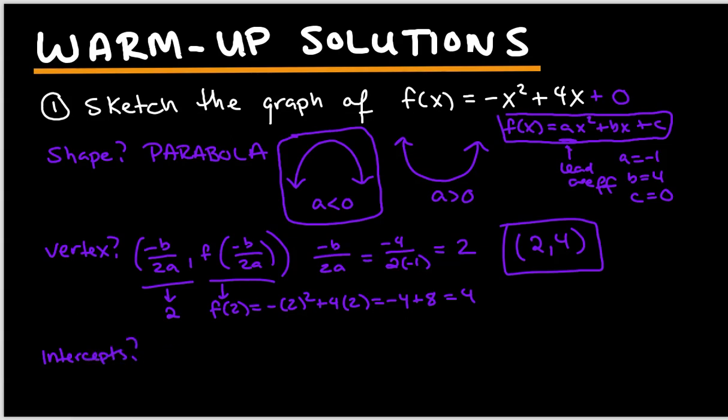Okay, so where are the intercepts? Let's first do x-intercepts, and I'm going to do it in red. So x-intercepts, just let f of x equal 0, and then solve for x, of course, how you always find x-intercepts. And so we're going to have f of x is 0 equals -x squared plus 4x. Now to solve this, I can solve it by factoring. Remember, there's a lot of ways to solve a quadratic equation.